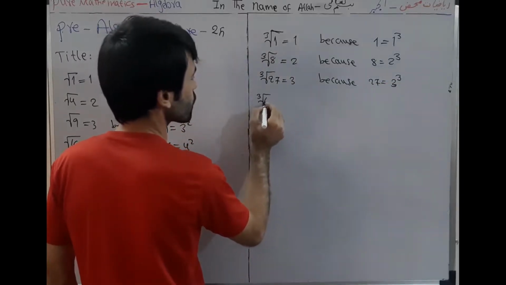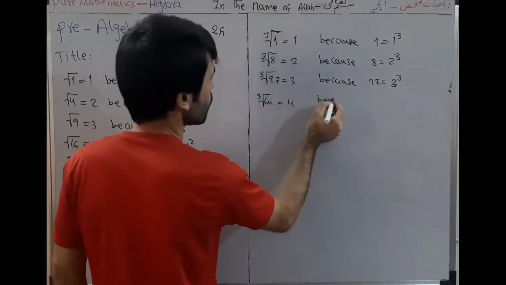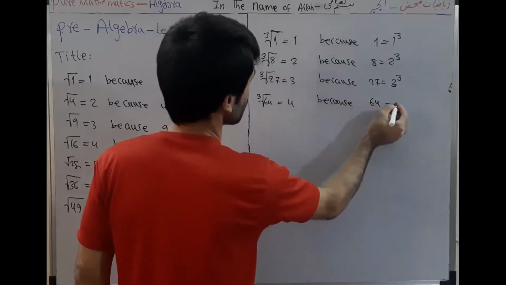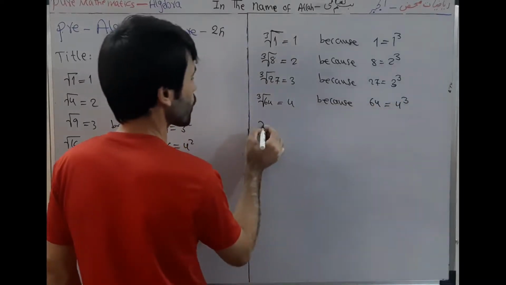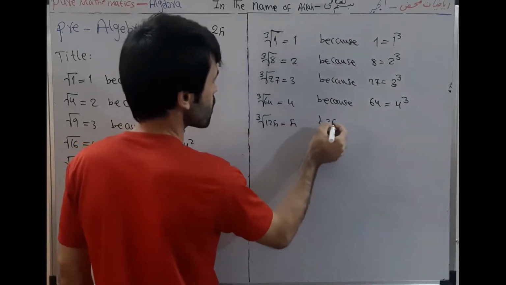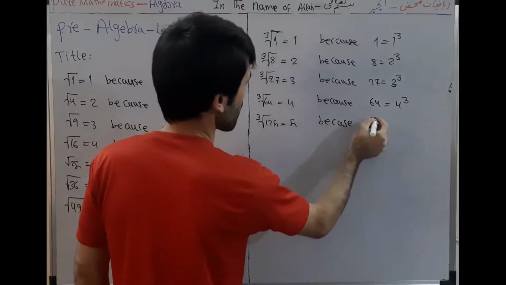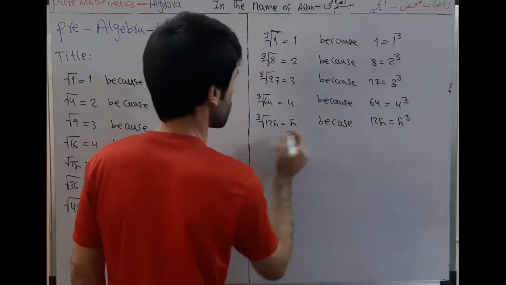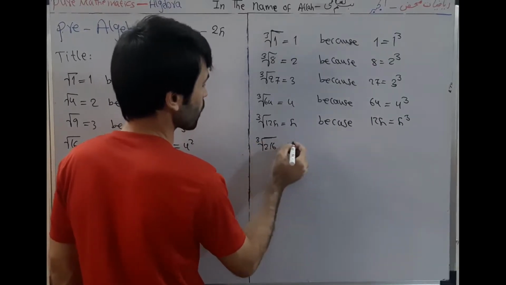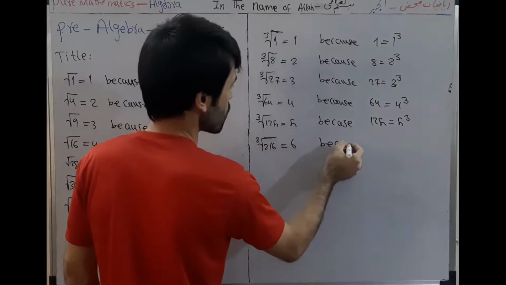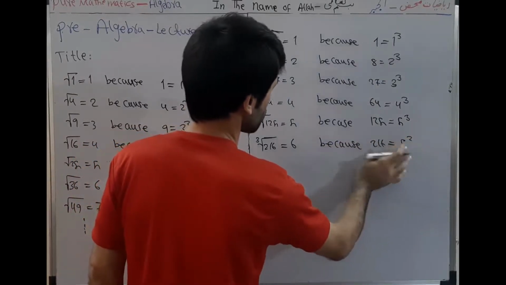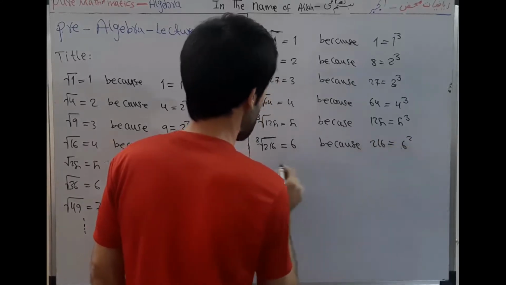The cube root of 64 is equal to 4 because 64 is equal to 4 to the power 3. The cube root of 125 is equal to 5 because 125 is equal to 5 to the power 3. The cube root of 216 is equal to 6 because 216 is equal to 6 to the power 3, and so on.